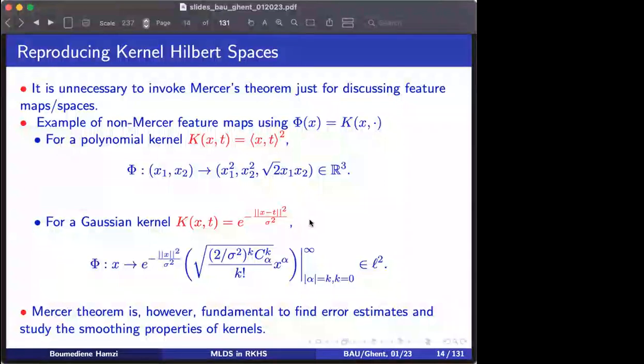One can do the same thing for a Gaussian kernel, and we'll go from R2, for example, to little l2. Even though I said it's not necessary to use Mercer's theorem, at least it's useful in finding error estimates and studying the smoothing properties of the kernel.